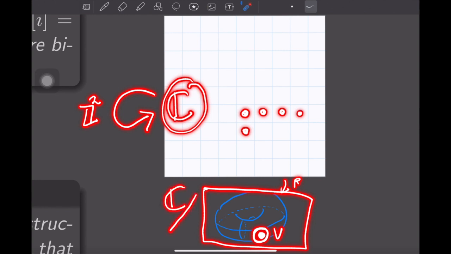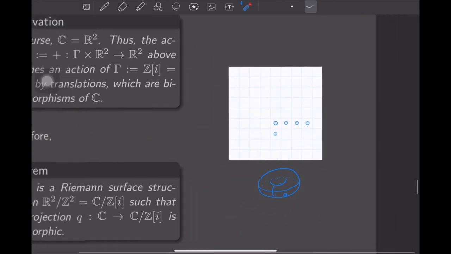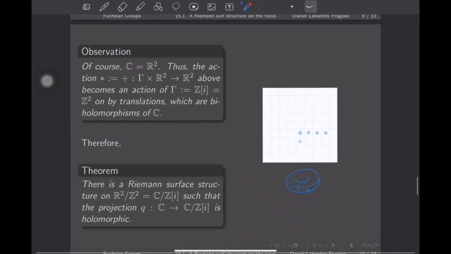So instead of writing Z square, I'm just going to write Z adjoin I, so the Gaussian integers. And this is what I'm stating here: the torus admits a Riemann surface structure with the property that the projection is holomorphic.